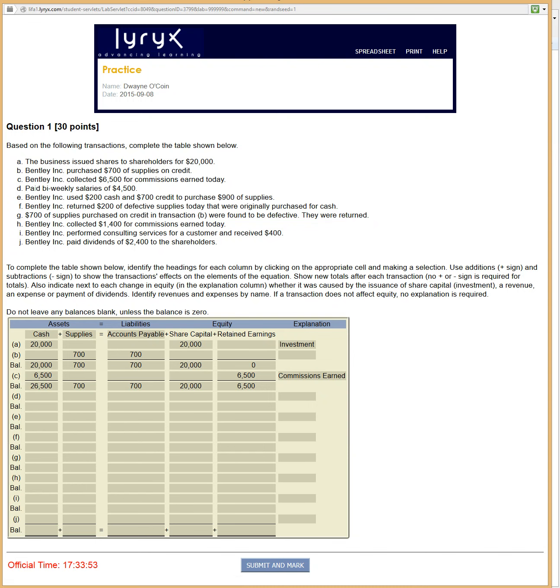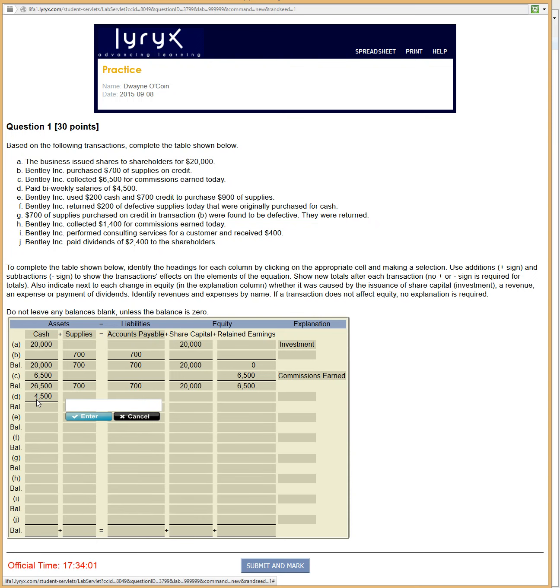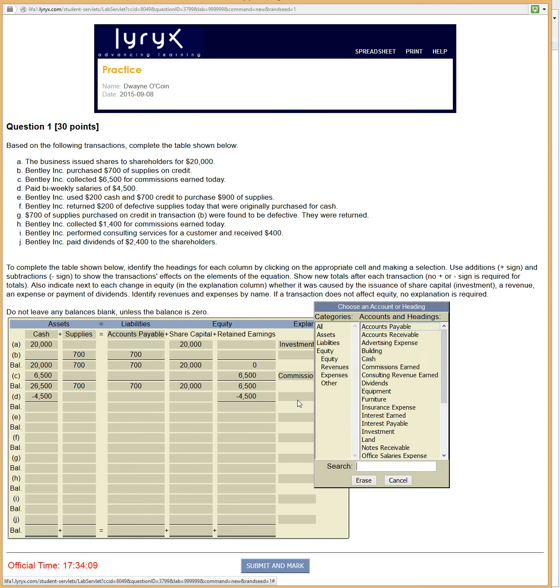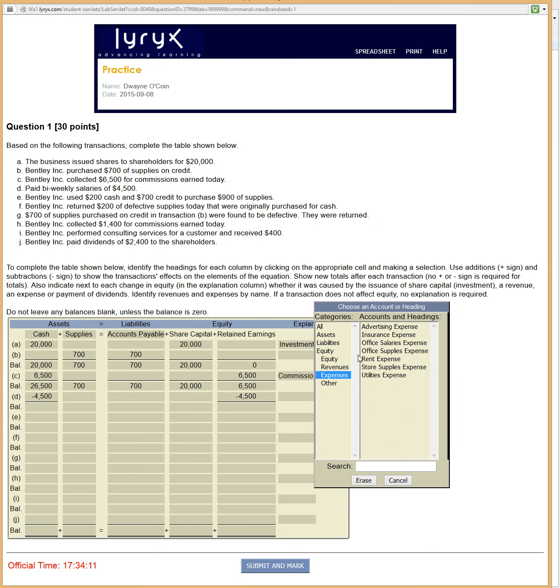Transaction D. We paid bi-weekly salaries of 4,500, so that means we put in our first negative number. Of course that's an expense, so it's going to reduce the retained earnings. And the expense is going to be office salaries expense right there.